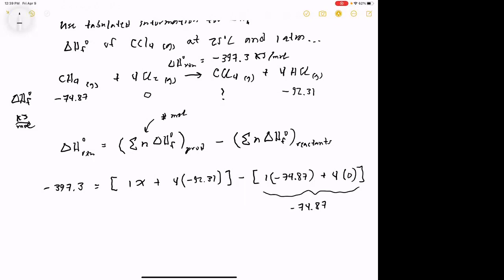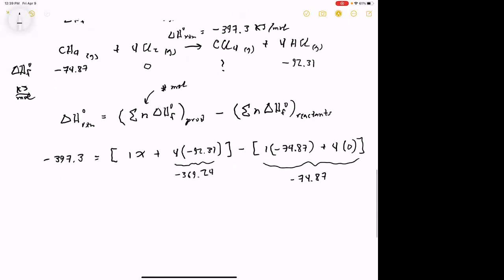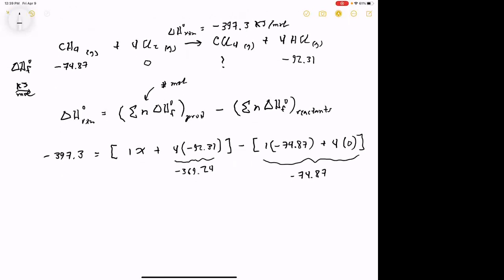Okay, and then what else do I have? Well, this turns out to be 4 times minus 92, which is minus 369.24, I think, kilojoules per mole. So you can kind of see what we're going to end up with. Let me just summarize it.